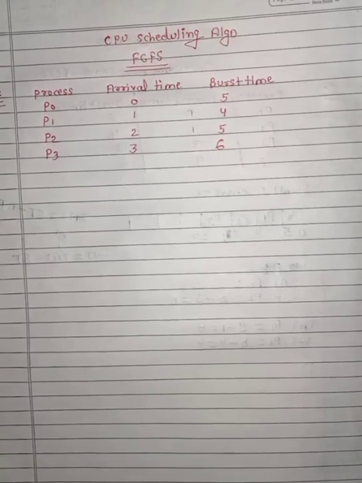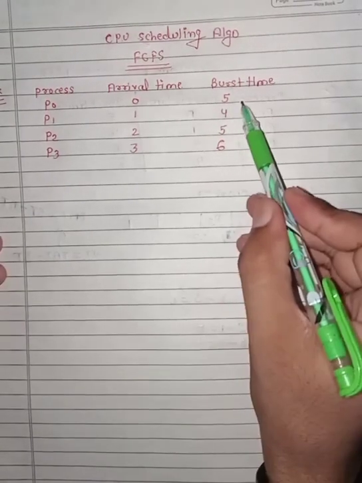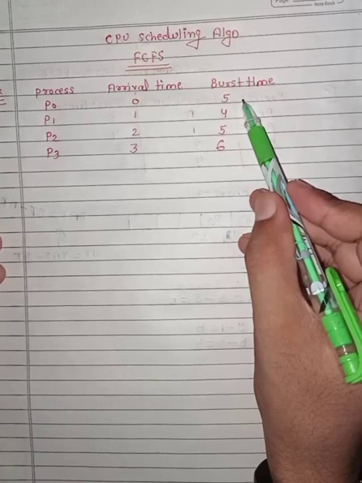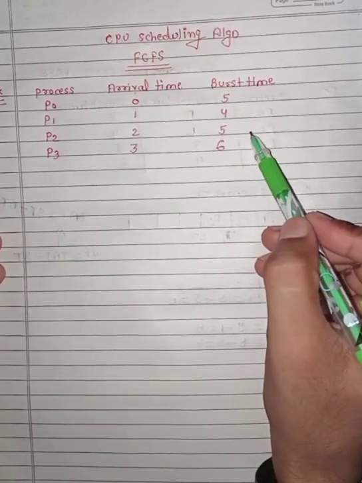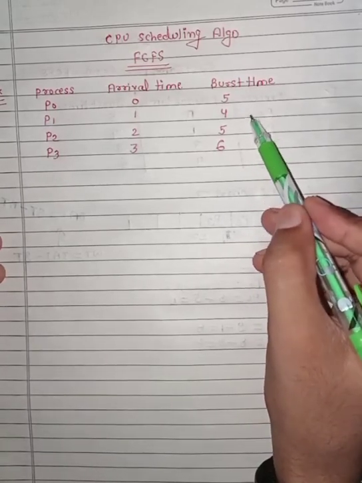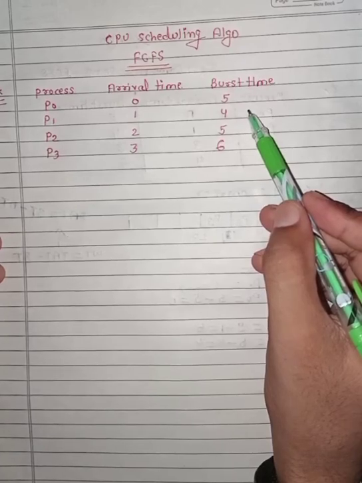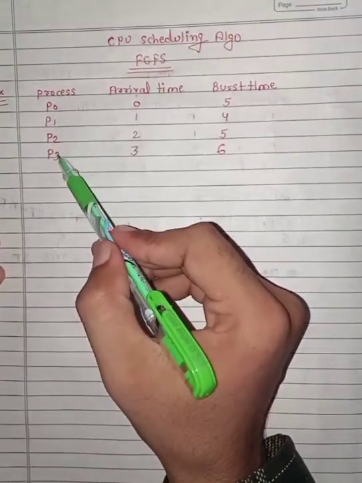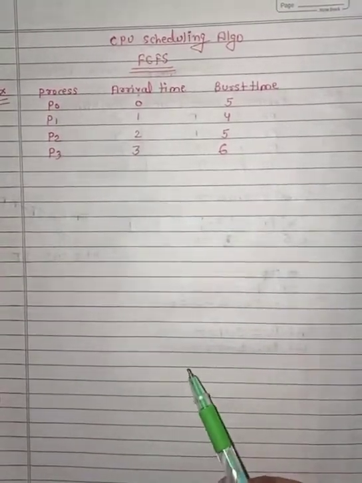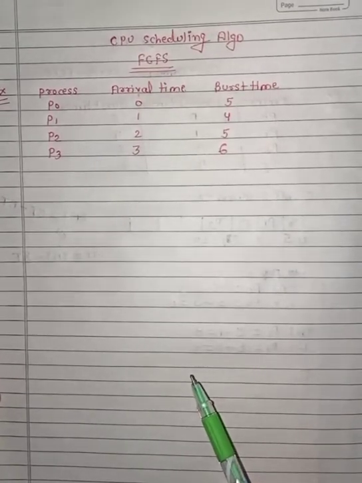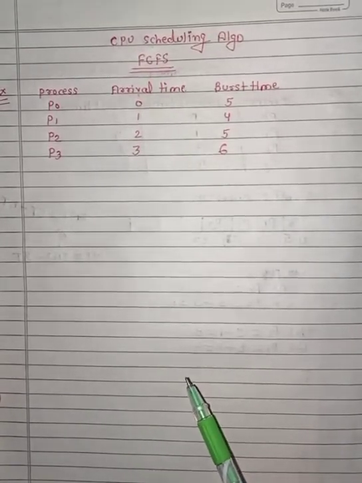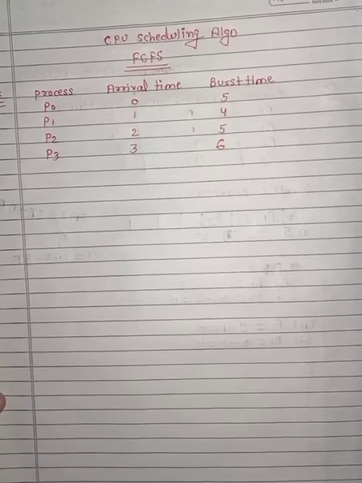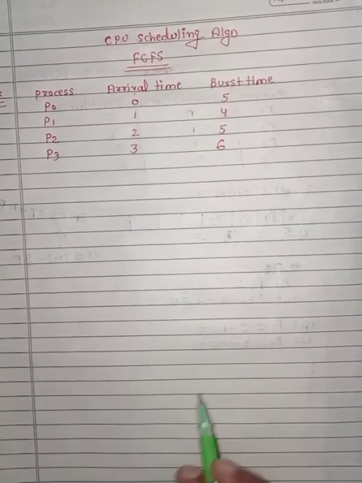Let's find the turnaround time and waiting time for every process P0, P1, P2 and P3, and the average turnaround time and average waiting time for this question. So let's start.